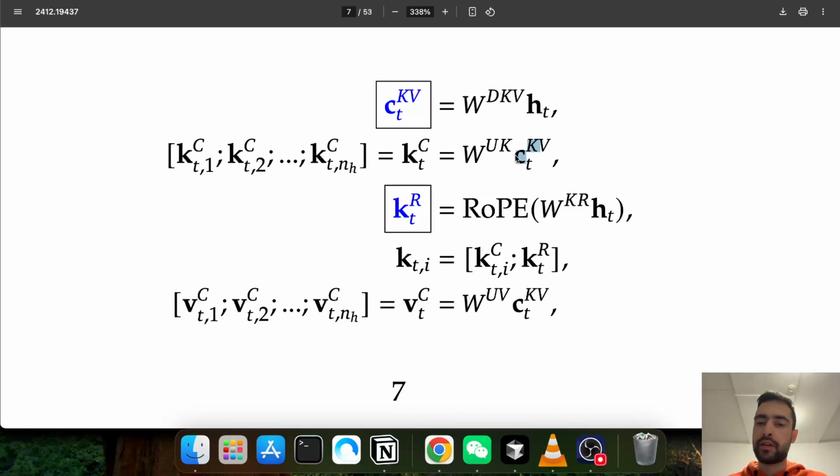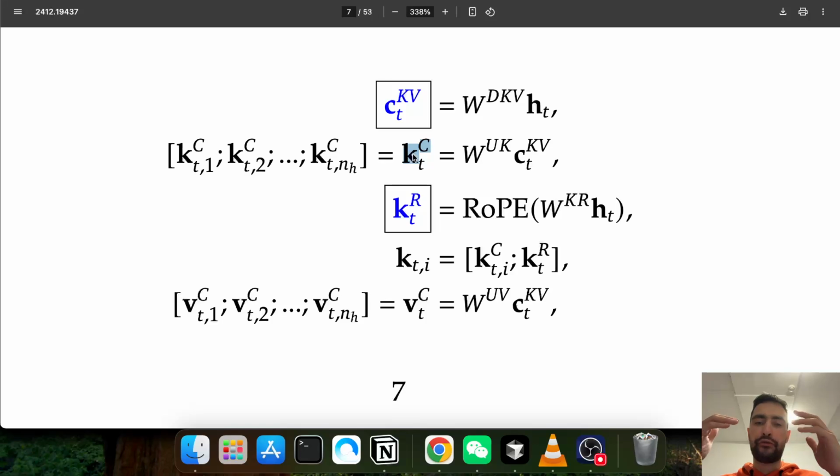We will use this matrix. This is the W up key. This is converting the small matrix into a bigger key matrix. This bigger key matrix has more parameters. It will allow for more information to be encoded into it. It will be more helpful.